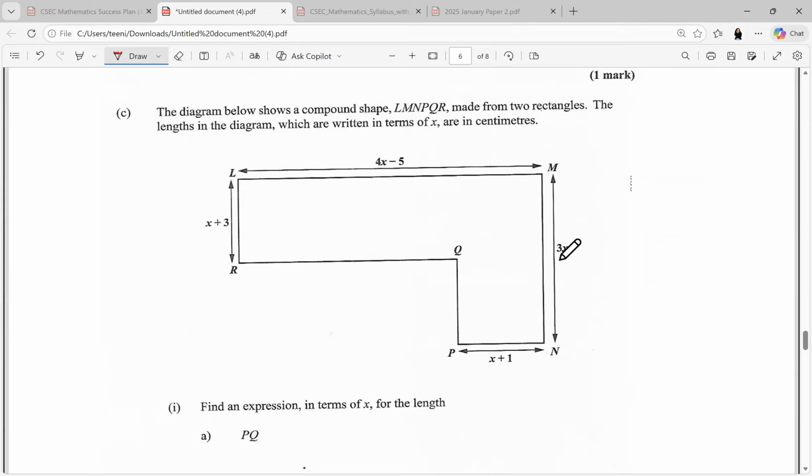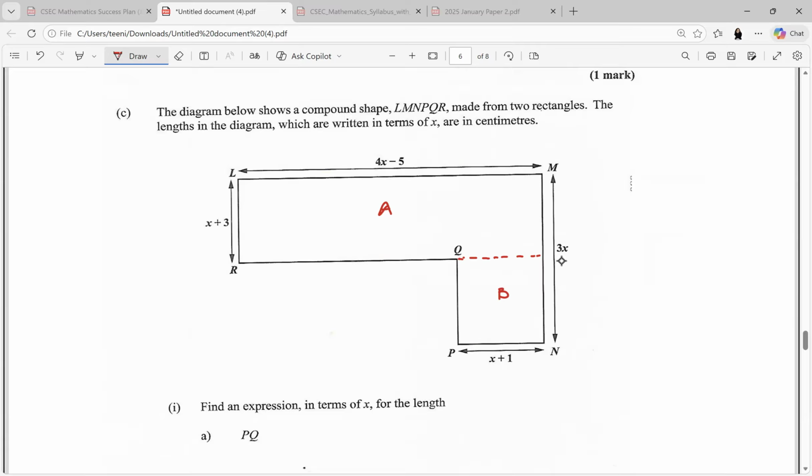Find an expression in terms of x for the length PQ. So let's just divide the shape. Let's call this A and this is B. Because if you had a compound shape, you would have to divide it into 2 regular shapes.